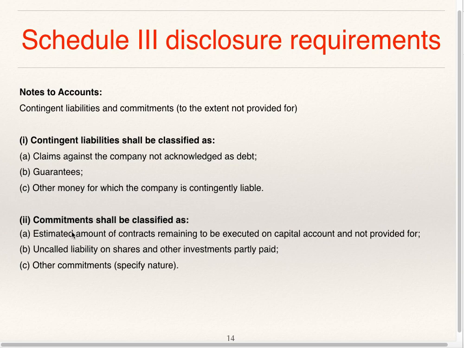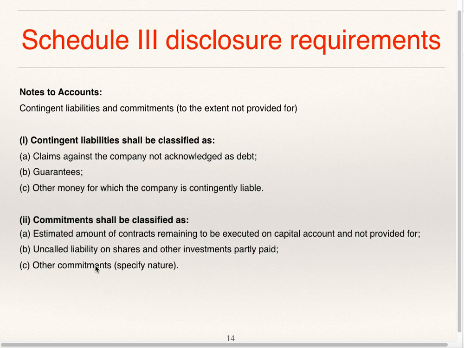Commitments shall be classified as estimated amount of contracts remaining to be executed on capital account and not provided for, uncalled liability on shares and other investments partly paid, other commitments. You are supposed to specify the nature of this. These contingent liabilities and commitments are to be shown as a note to the accounts.